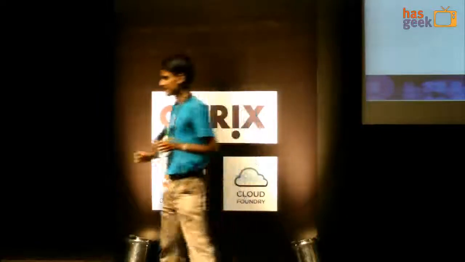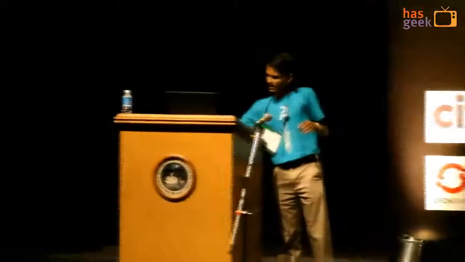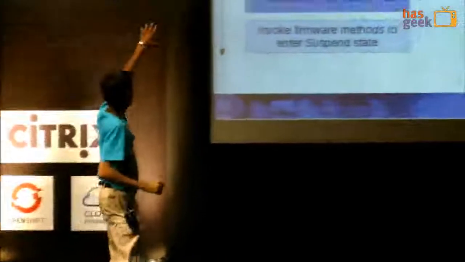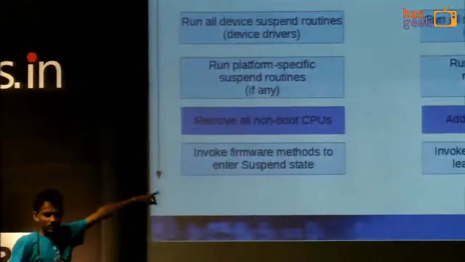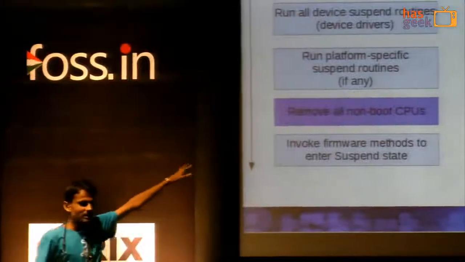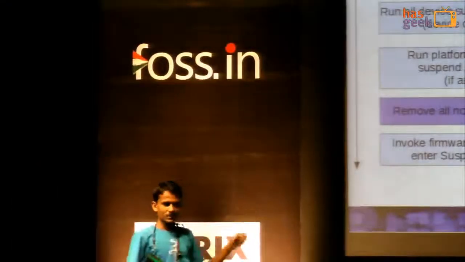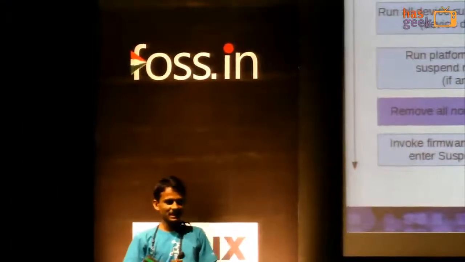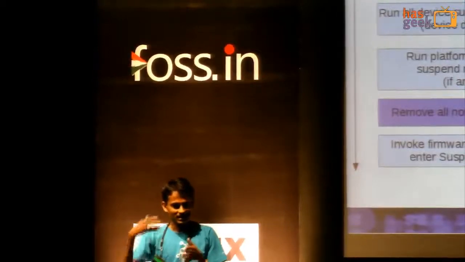Yes. So the other question that he asked is, does suspend resume have any dependency on the firmware? Of course it does. All you do until you remove your non-boot CPUs is the kernel part, including some device driver part. But after that, you have one CPU, and you need to drastically reduce the power, which is done by the firmware.